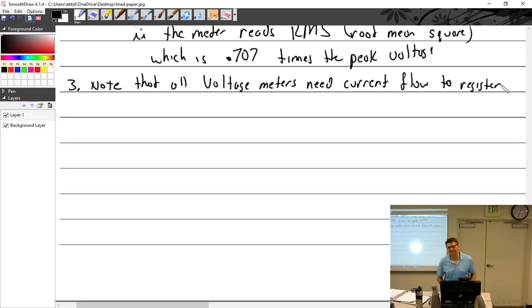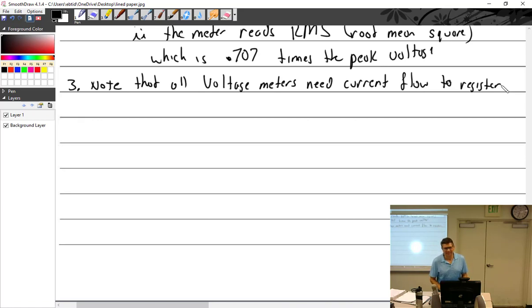Current flow times the resistance of the meter is voltage. Okay, true. But mechanically speaking, why did I need current flow? To move the needle. To move the needle. Had a little coil in there. If you don't have current flow, then you didn't make an electromagnet. You don't have an electromagnet, the needle never moved. So you got to have current flow.